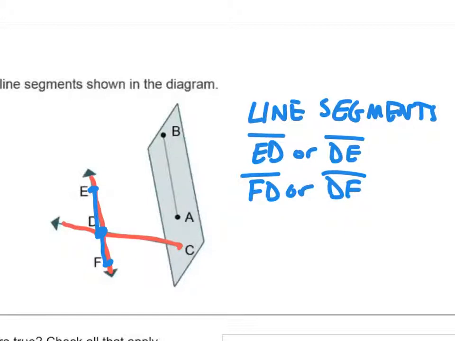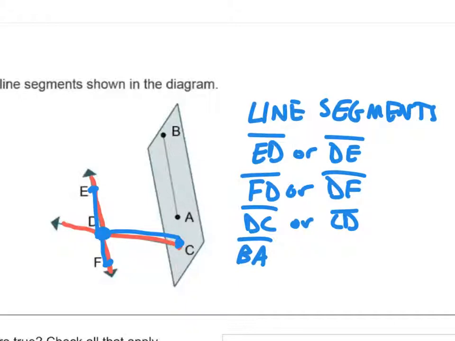You could have line segment DC, or segment CD. And then you could have line segment BA or AB. I know what the picture of a line segment looks like, and I just want to make sure I can find that picture somewhere here.